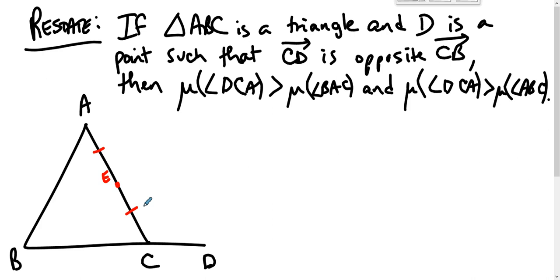So then what we're going to do is we're going to draw ray BE, and we're going to find a point F on ray BE such that E is between B and F, and such that BE is congruent to EF. That's our plan.